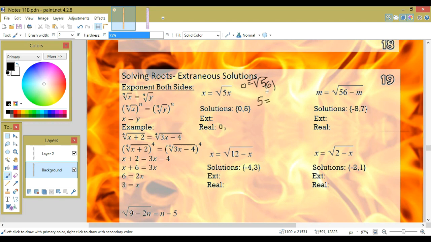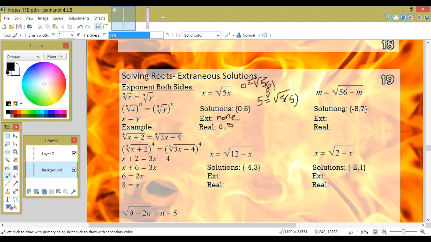Does 5 equal the square root of 5 times 5? The square root of 5 times 5 is 5. And so that works. That's also a real solution. So there's no extraneous on this first example. Let's look at the next one.